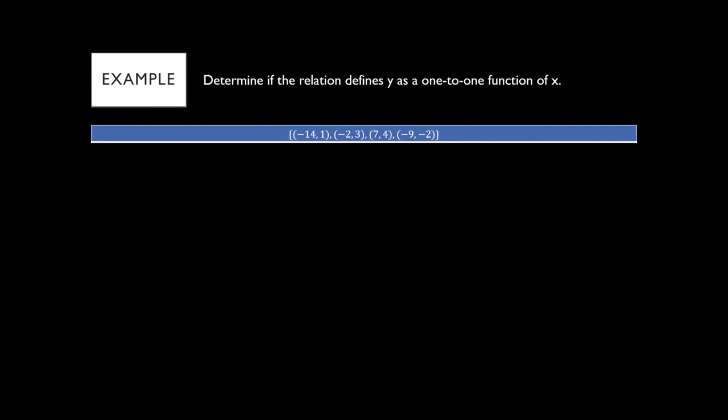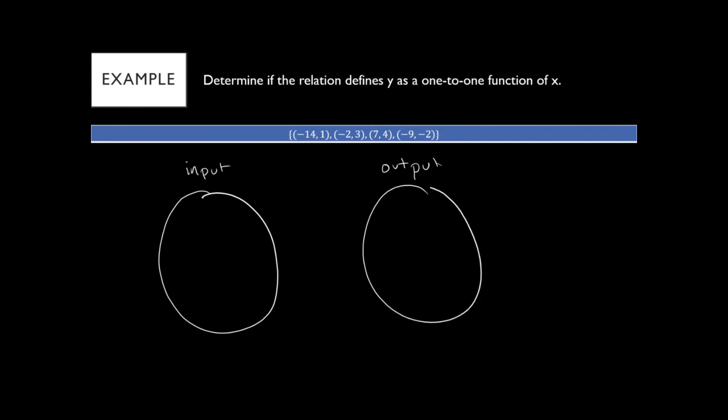Sometimes it's easier to make a drawing where we think of the input, which you can think of as a box or a circle, and then you have the output. Our input values are the X values. So I'm going to list all the X values we have here in our ordered pairs: -14, -2, 7, and -9.